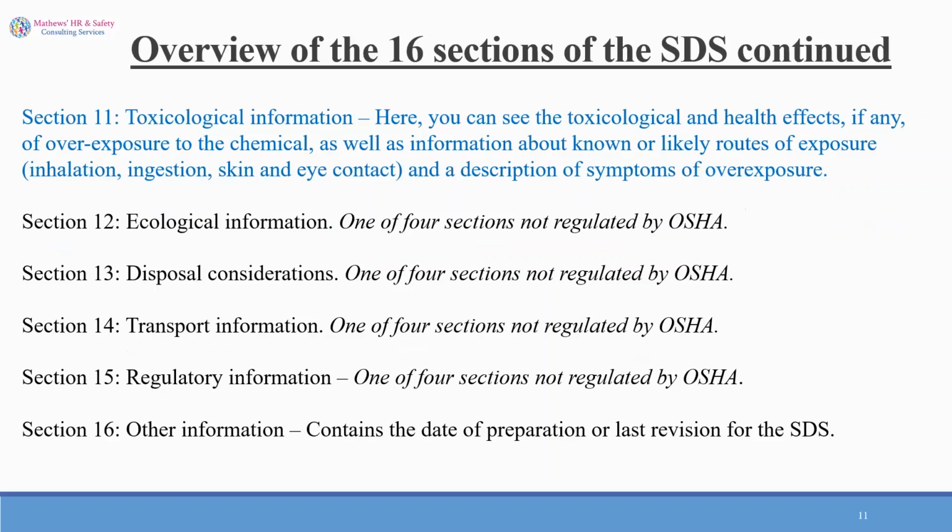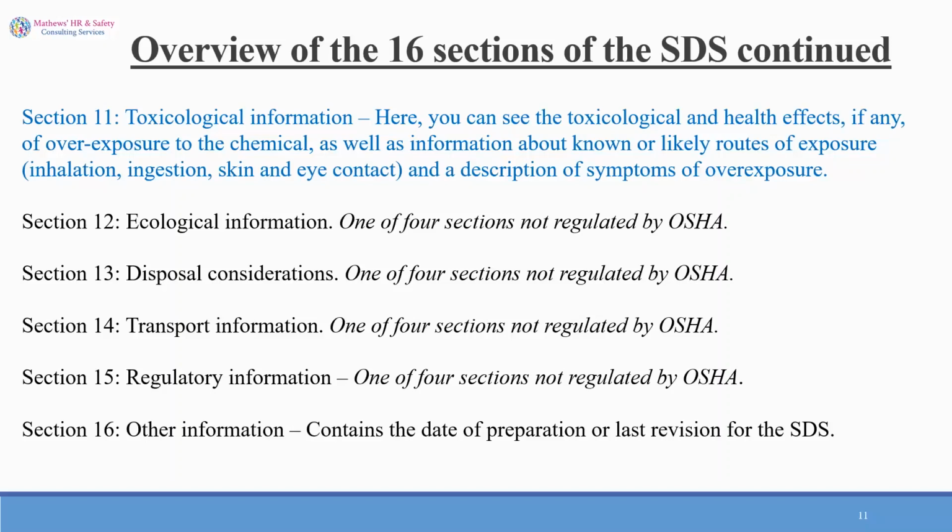This one is really important because in healthcare, we tend to use some pretty toxic chemicals, such as those for chemotherapy and cold sterilization. So you really want to make sure that you are reading this section because some exposure to those, just inhaling the vapors, could cause reproductive or other organ issues. So it's really important to pay attention here as well.